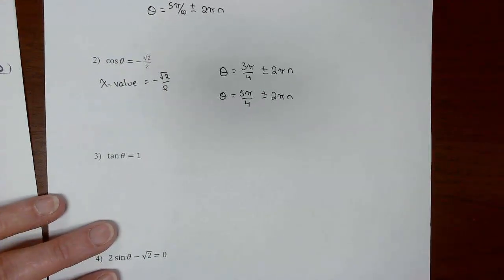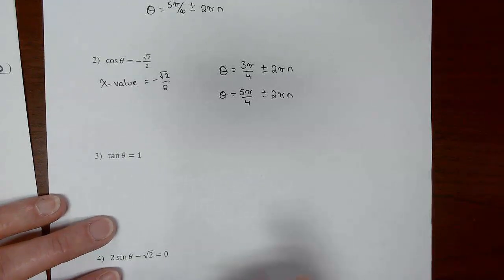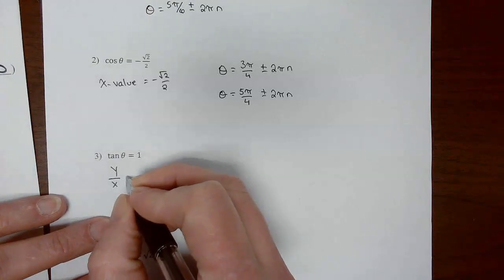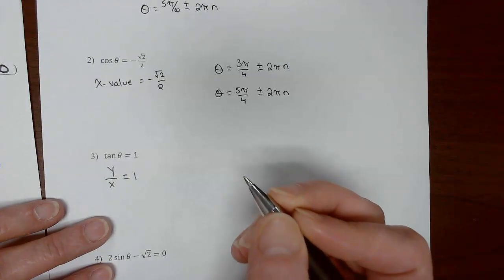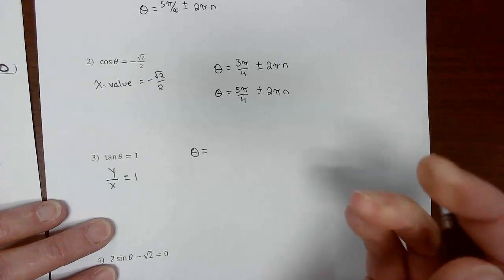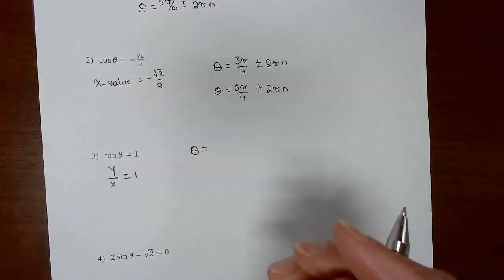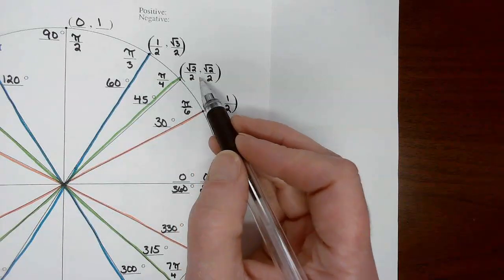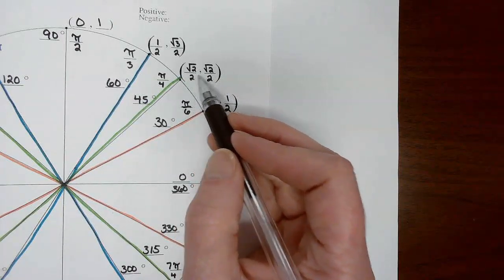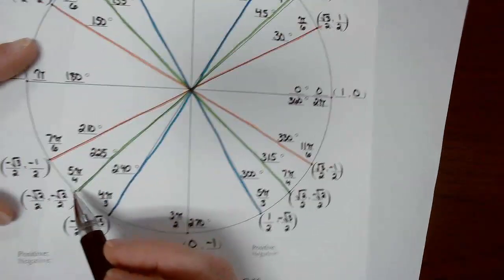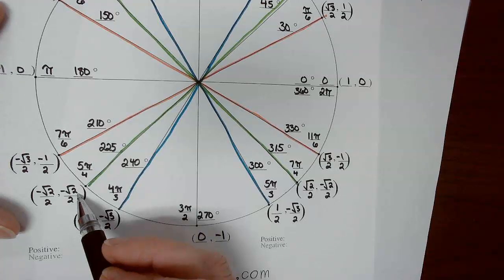Now the next one says tangent is 1. Well, tangent was y over x. So we're looking for where y over x is 1. Now this one can be interesting because we can do it one of two ways. Here I would have a tangent of 1 because these are identical. I would also have it here.